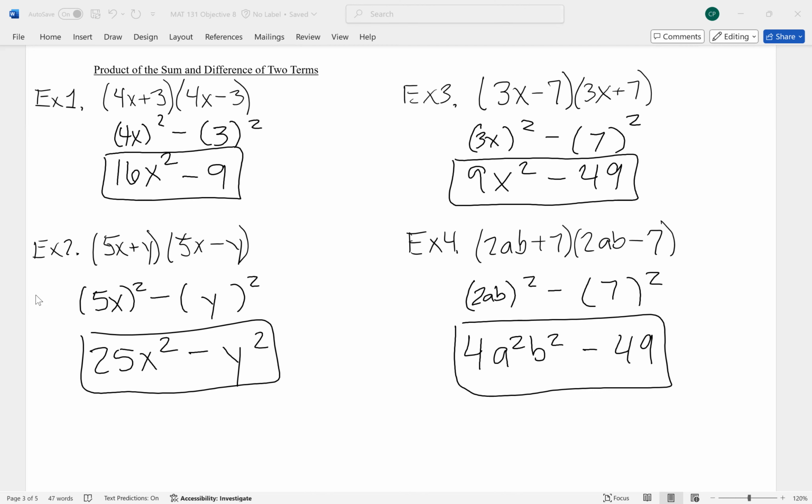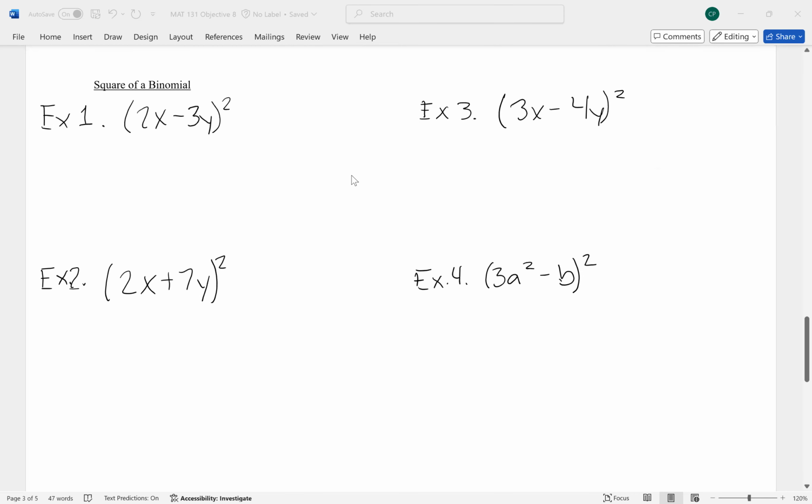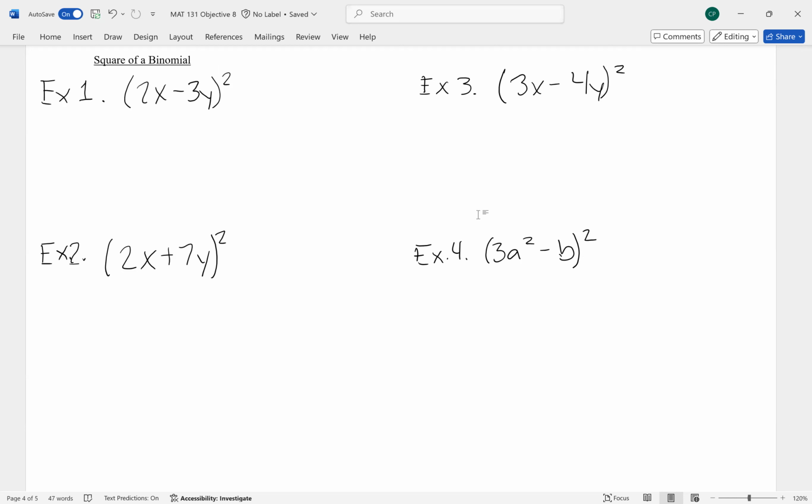Now let's look at our second shortcut, okay? When we square a binomial, if we follow the shortcut, we're going to have that first term squared.